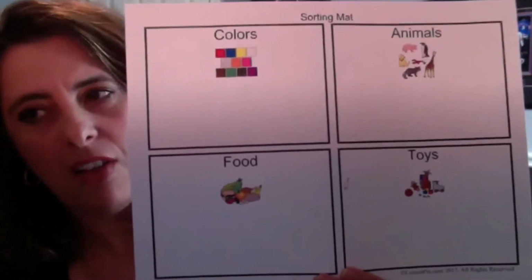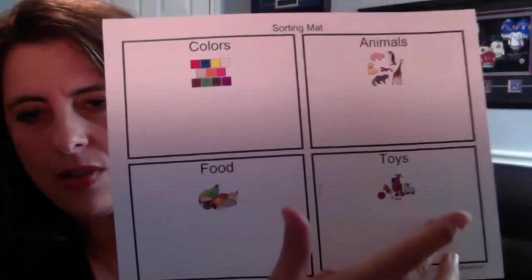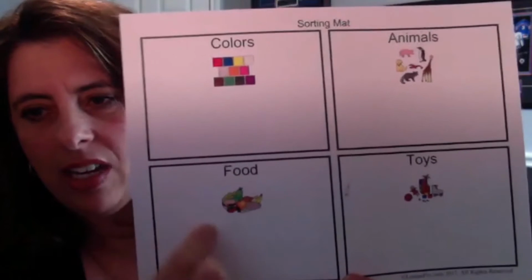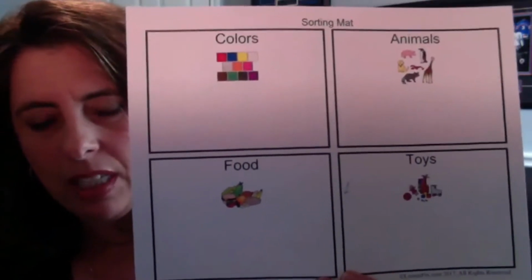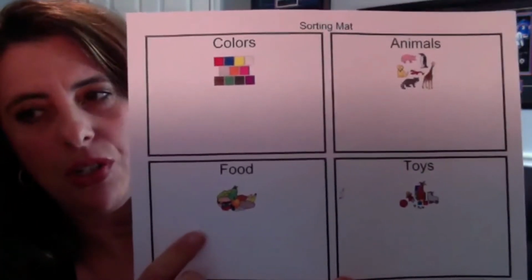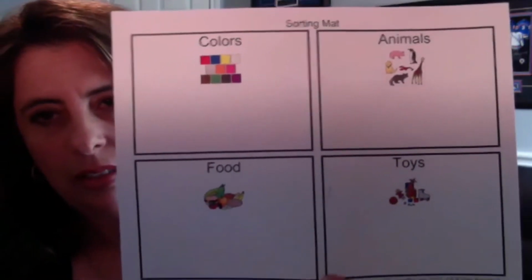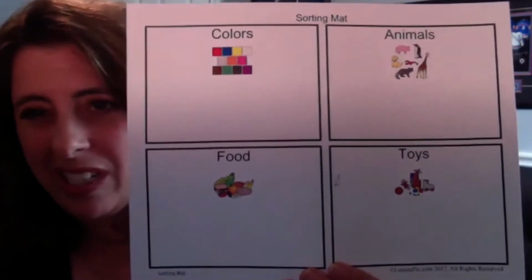I printed this off, laminated it, and put Velcro all around, and then I made the corresponding pictures that went with it, and they can just Velcro them in for sorting, because I have a couple of clients that are just learning to sort, and so they have to do it physically. Yep. They seem to like it. It was really easy to make.